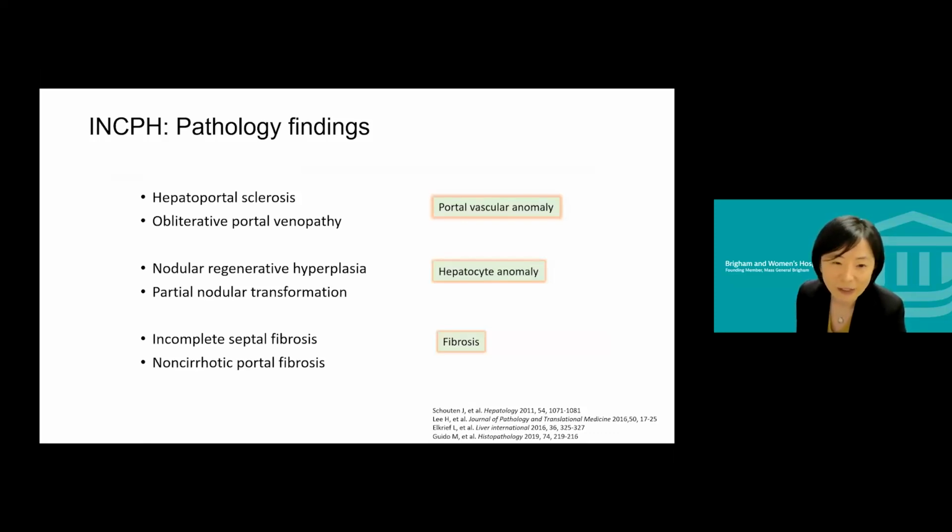But now we realize all these histologic changes are within the same spectrum that you can see related to this disease. But we can group them into 3 subgroups. Some of them are portal vascular anomaly. Some of them are hepatocyte anomaly secondary to the vascular insufficiency. And then there is some degree of fibrosis, although none of them should have a cirrhotic liver.